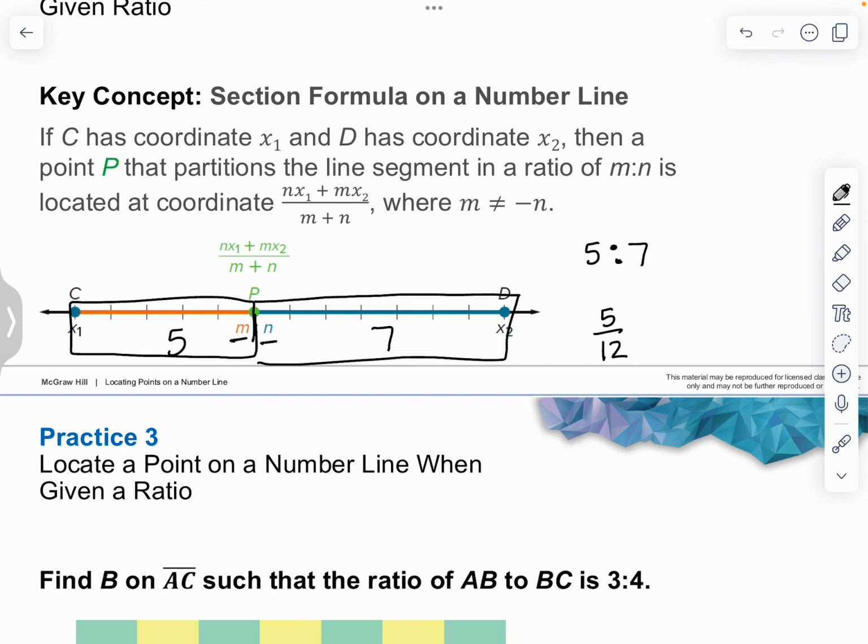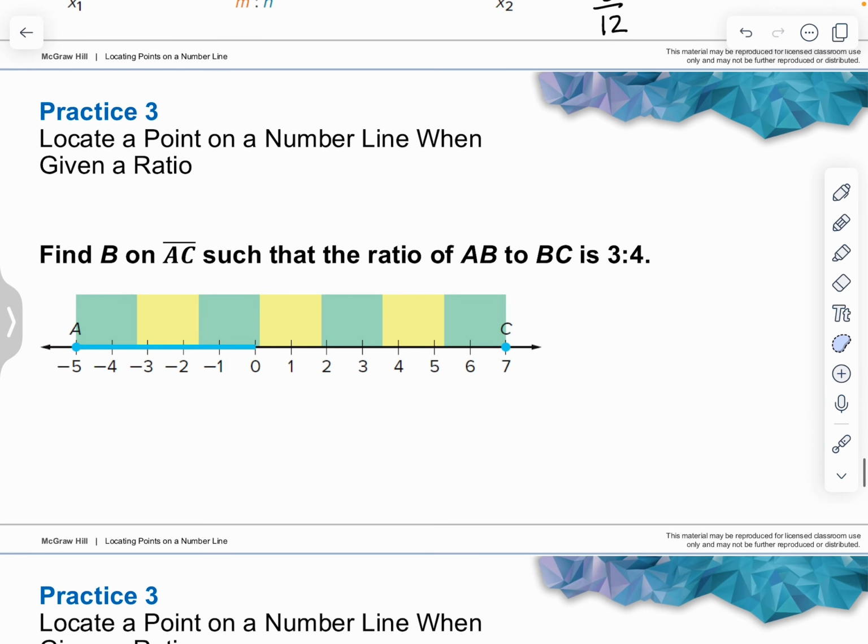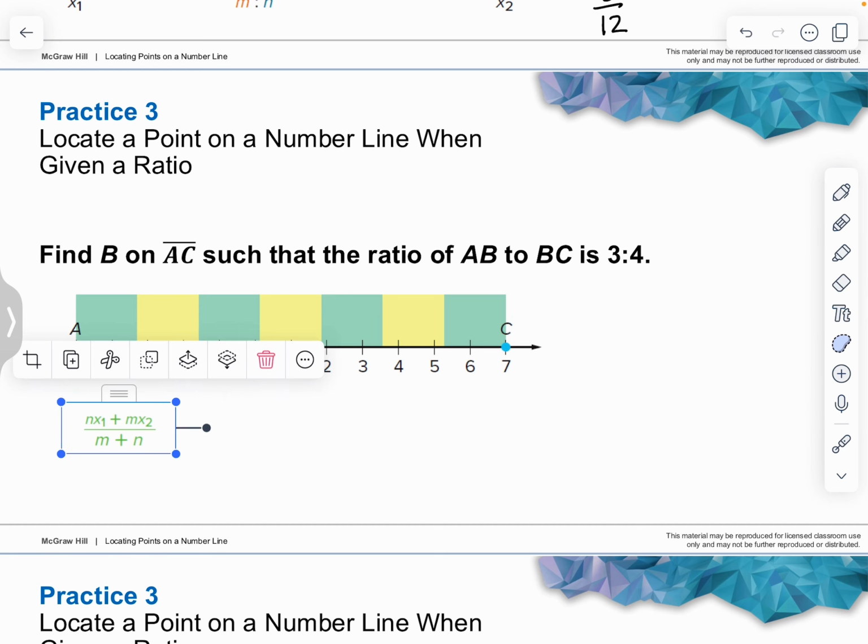Here would be my m and here my n, my 5 and my 7. We're going to erase all my marks so you can see it clearly. You have it on your sheet as well. I am going to copy this and bring it down with me into the practice.